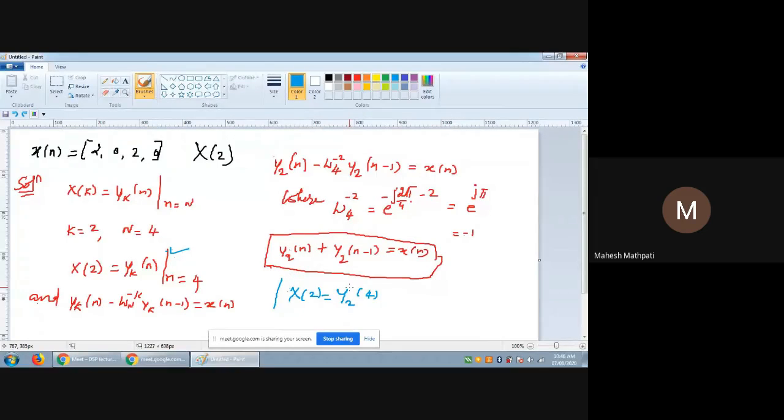That means to calculate x of 2, what do we need to calculate now? We need to calculate the value of y2 of 4. Okay. So then, how do we calculate that? Can anyone tell me? Anybody?